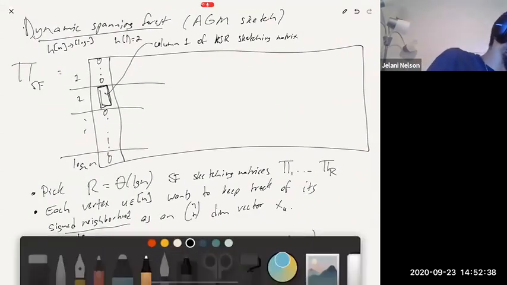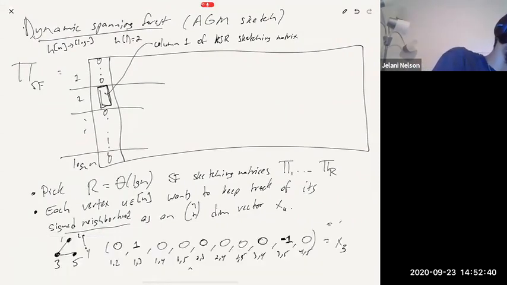Let's ask ourselves, what does x5 look like? x5 looks something like this. It has the edge to 3. 5 is bigger than 3, so that's a +1. And that's its only edge, actually. It doesn't have any other edges.